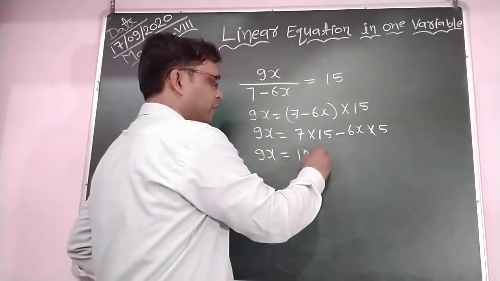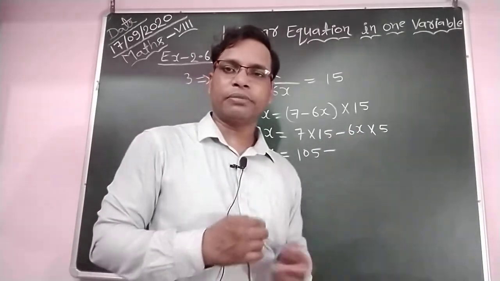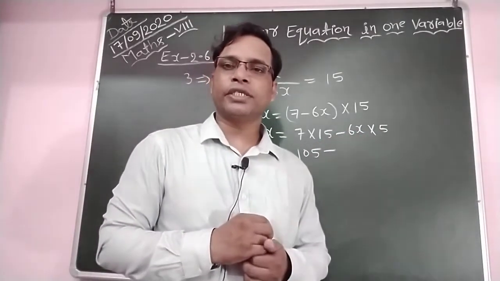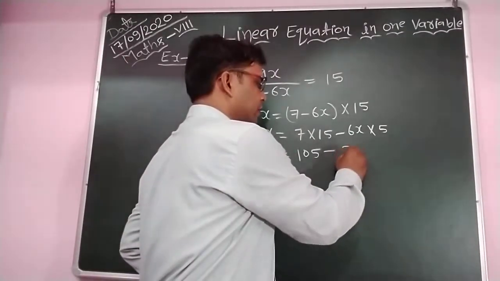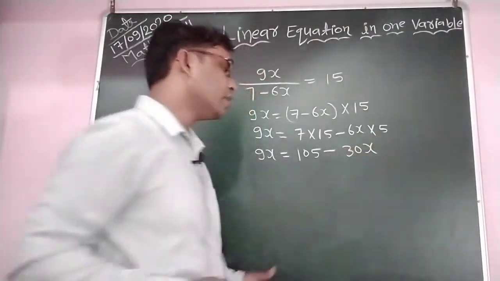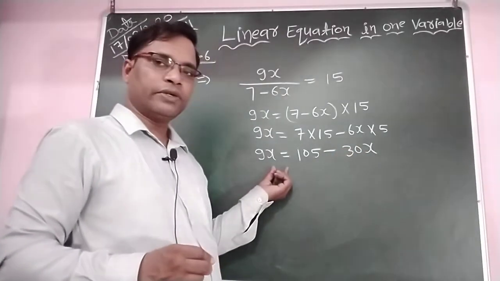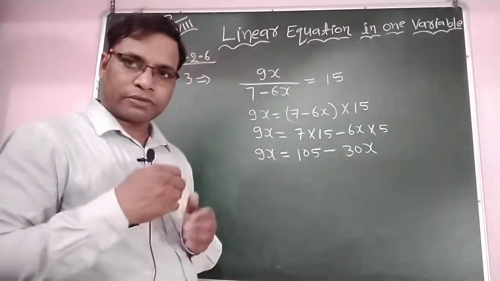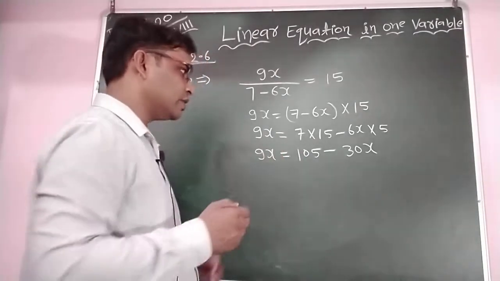Clear? Now we write minus as it is, and here you can see we have 6x into 15. So 6x into 15, this is equal to 90x. Now we are transposing this 90x to the left hand side. When we transpose this 90x to the left hand side, it becomes positive.